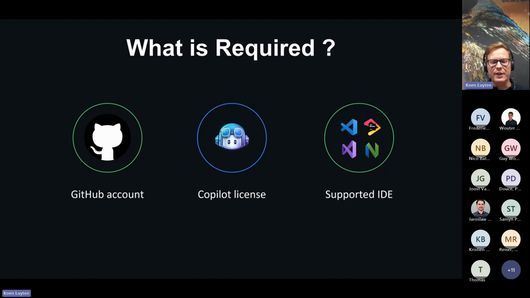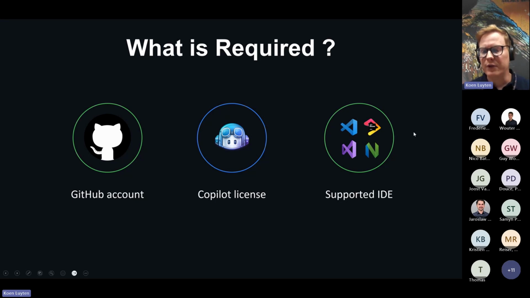All right, so what do I need to get started with GitHub Copilot? First of all, I need a GitHub account. It can be a free account, it can be a business account. You just need an account, a GitHub handle. But next to that, you also need a separate Copilot license. It's not something that is included for free. You have to pay for it, because LLMs are still relatively expensive, and that's a way to contribute to that model.